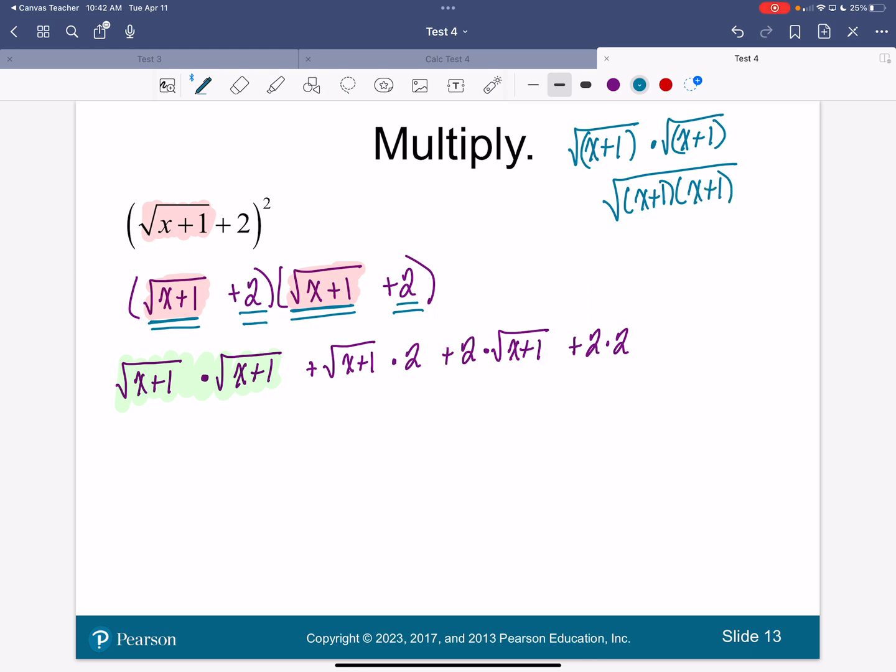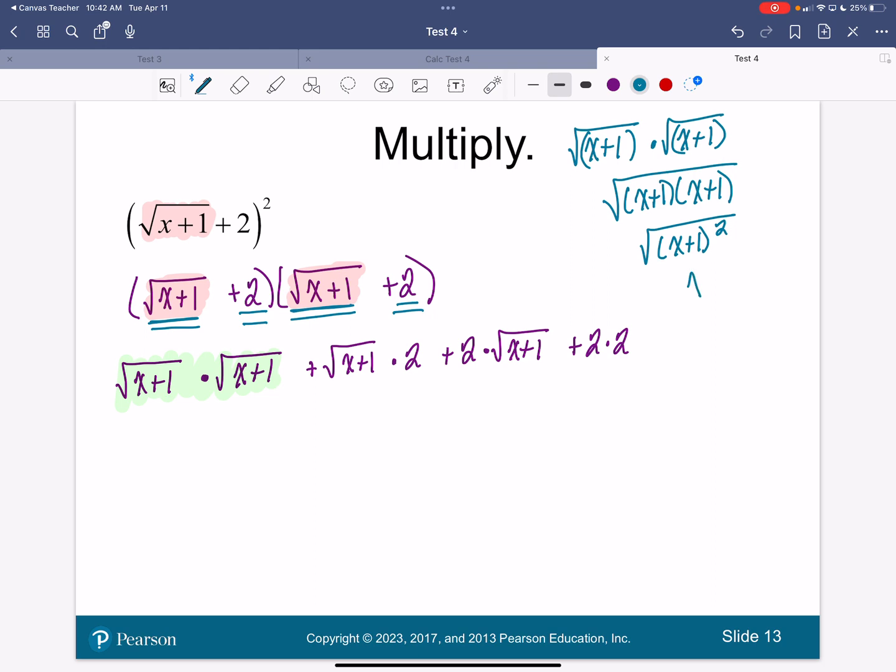Okay? That's because they're being multiplied, they're not being added, and they're both under the radical. Now, I can rewrite this as x plus 1 squared.